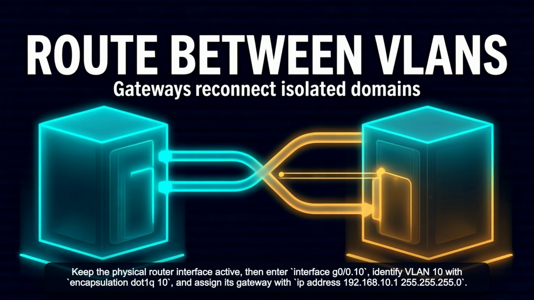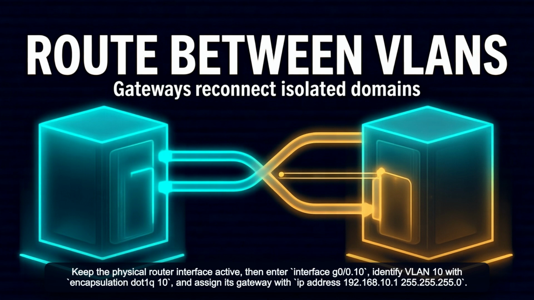Keep the physical router interface active, then enter interface G0/0.10. Identify VLAN 10 with encapsulation dot1q 10, and assign its gateway with IP address 192.168.10.1 255.255.255.0.